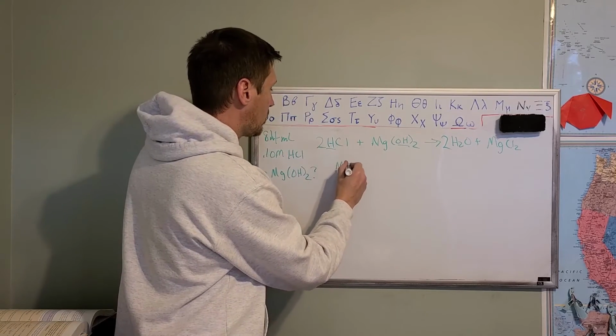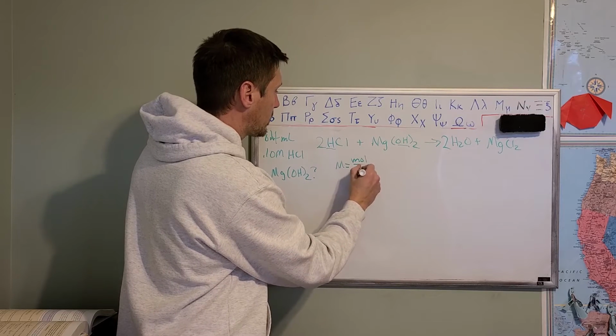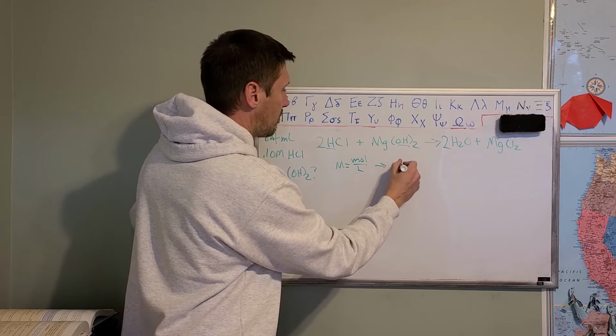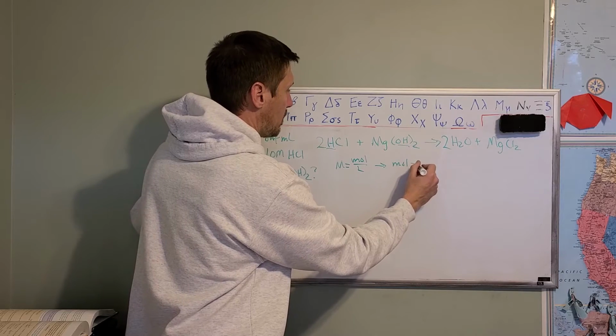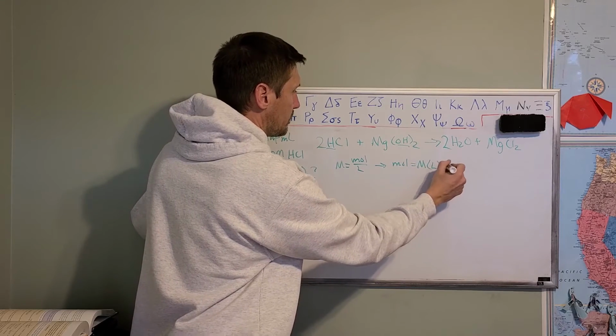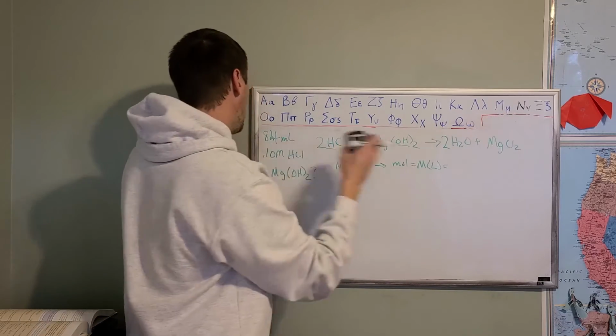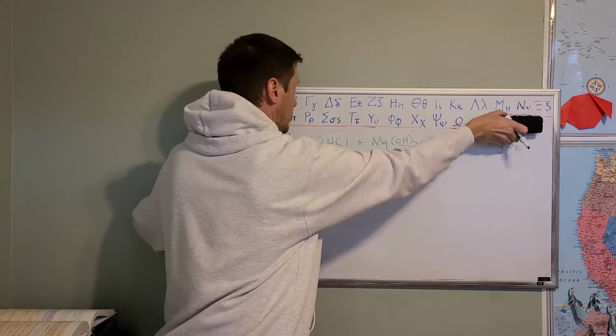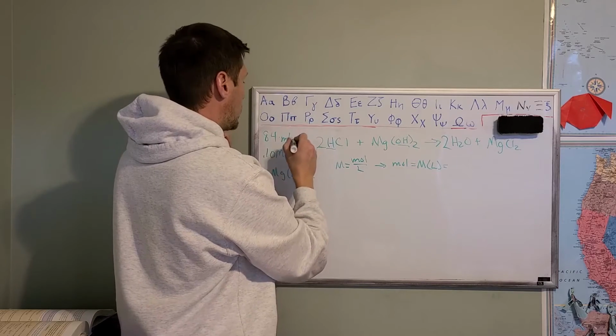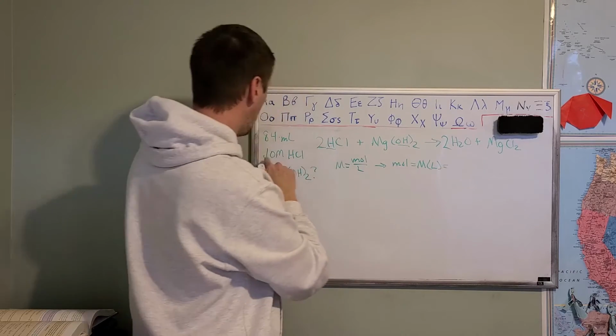If molarity equals moles over liters, then we can find out the number of moles by multiplying molarity times liters. And here, we were given 84 milliliters, and the molarity was 0.1.